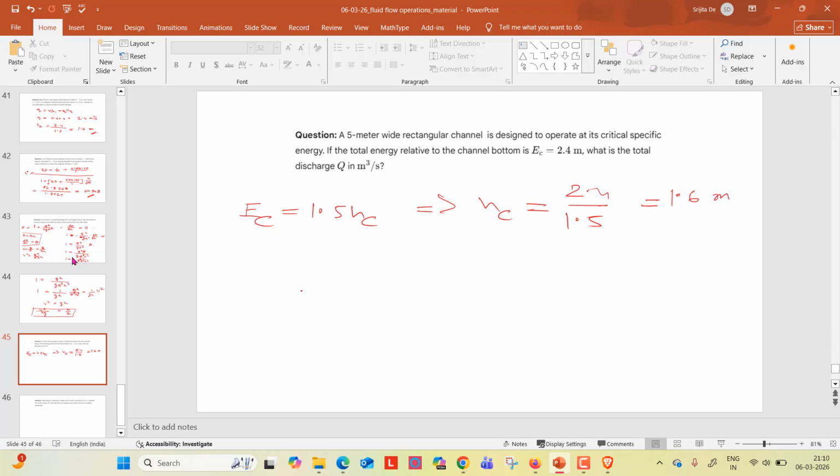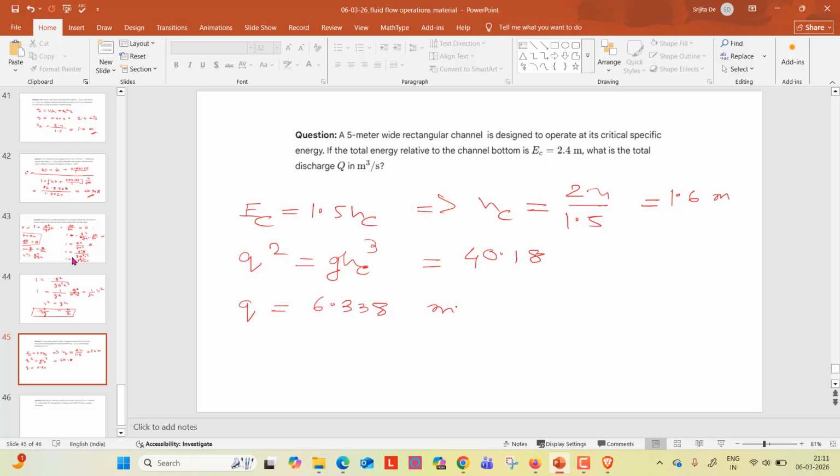So there is an expression like q square equals HC cube G. So it is coming as 40.18, and q is coming as 6.34 almost. So 6.338 meter square per second.